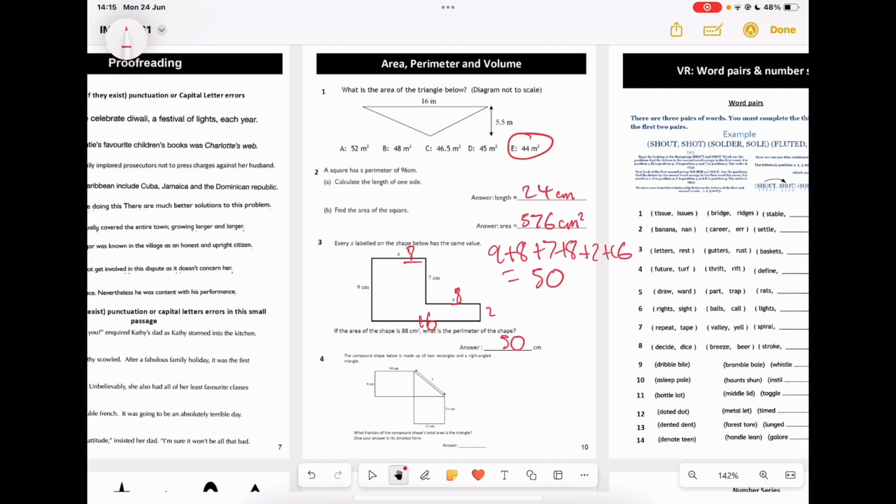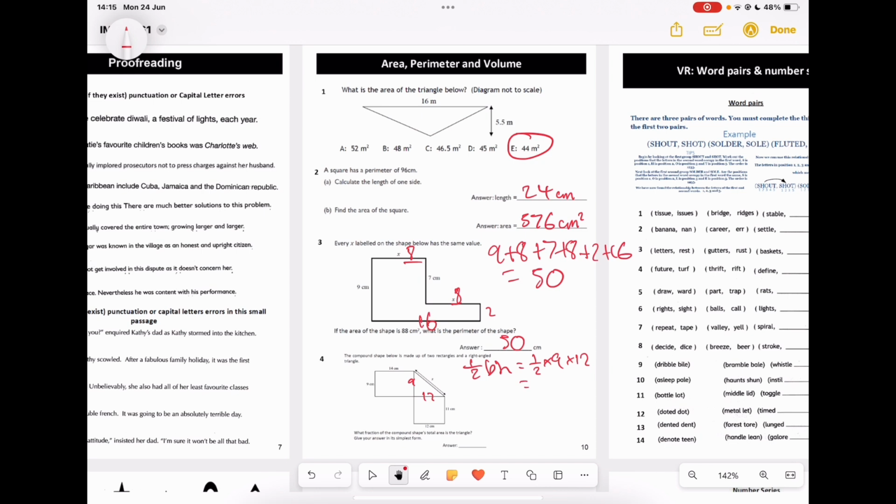Okay, next is the compound shape is made up of 2 triangles and a right-angled triangle. What fraction of the compound shape's total area is the triangle? Okay, so first we're going to find the total area, and then we're going to find the area of the triangle. So the triangle we know is 12 here and 9, and like earlier we know that it's half base times height, which is equivalent to half of 9 times 12.